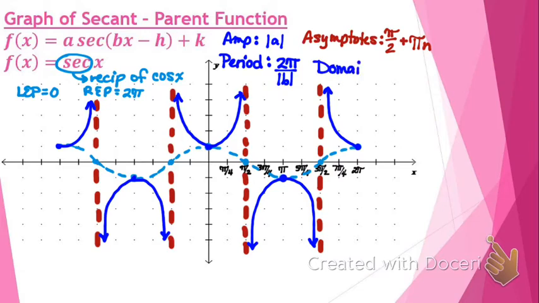How would I define the domain? Yep. All real numbers, except x doesn't equal where my asymptotes are, so pi over 2 plus pi n.